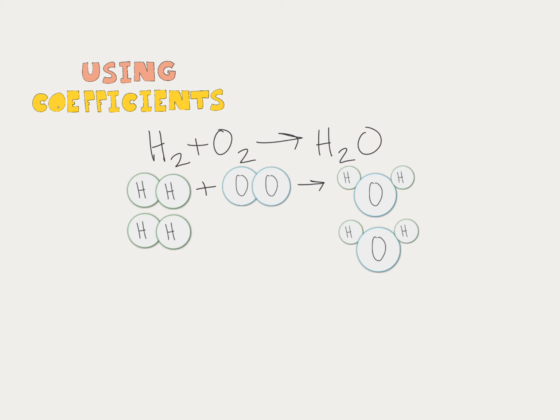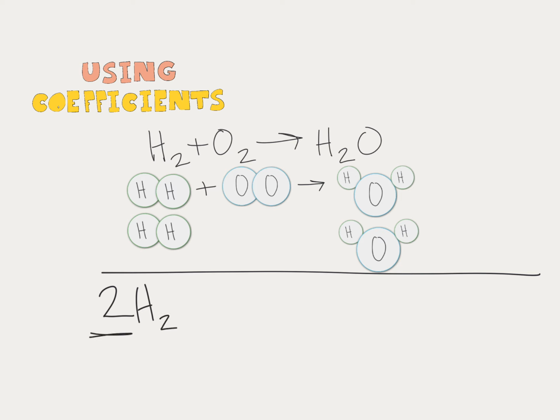All scientists did, instead of drawing their pictures, was count up how many of each molecule they were going to need to use. So for hydrogen here, we used 2 molecules. So instead of drawing those, they would write 2 in front of their H2. And this big number out in front is called a coefficient. They only used 1 O2 molecule.